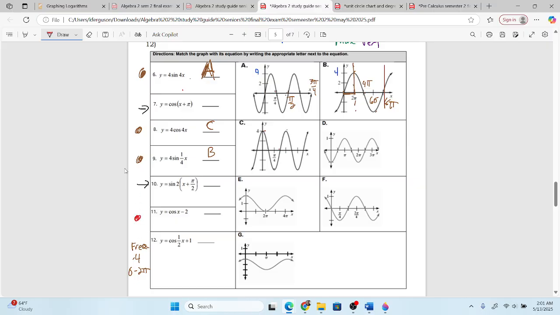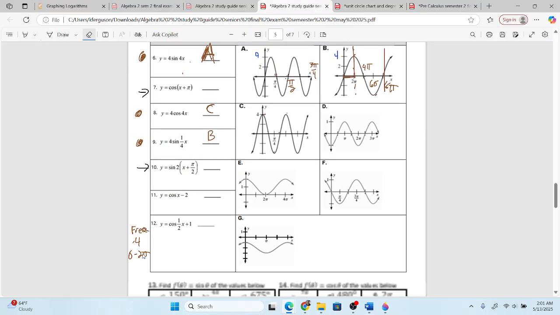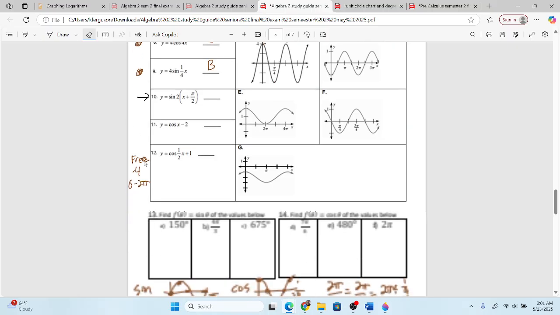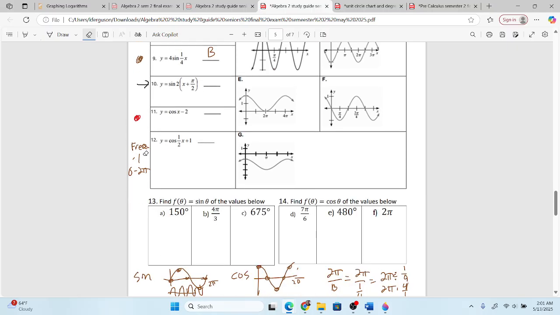There's this one, and this one. So there's one that goes down, which is this one, because it's a minus, and then one that goes up, because it's a plus.